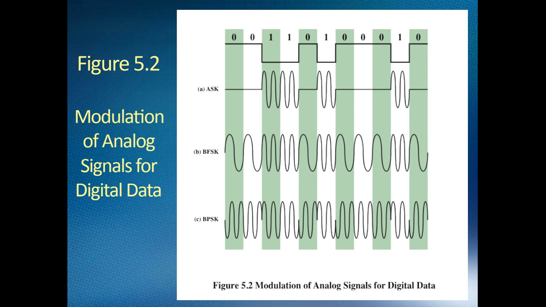Again, when it hits 0, it is going opposite. So this is called phase shift key. So the three methods to modulate an analog signal for digital data: ASK, FSK, and PSK.